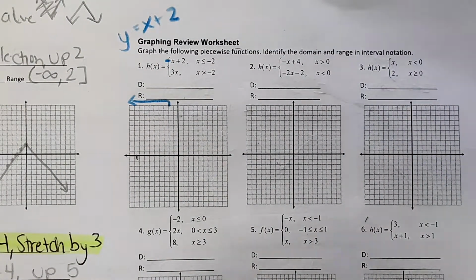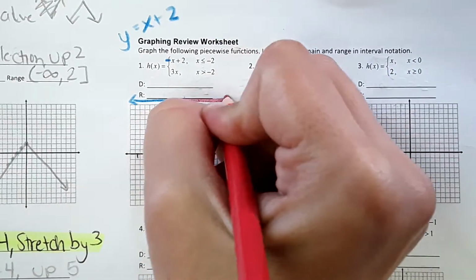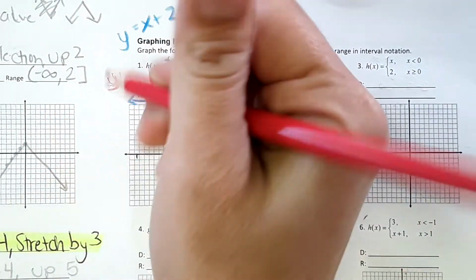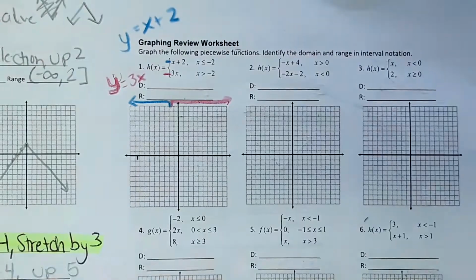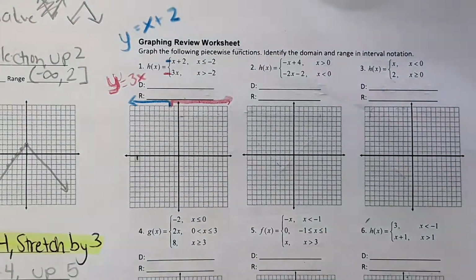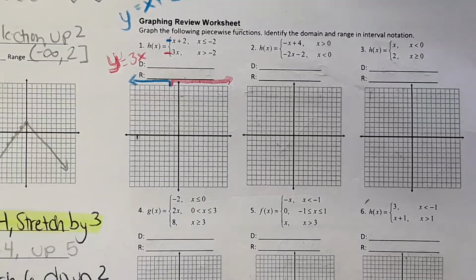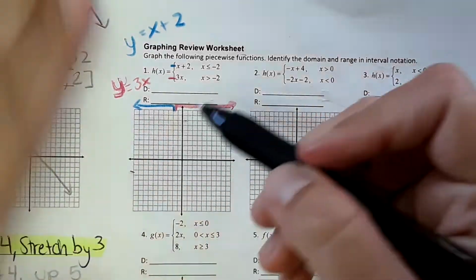Then the other side is x is greater than -2, so the entire other side is going to be red. And the equation there is y equals 3x. Then from here, I'm going to graph my lines and then erase whatever is not in the right section.